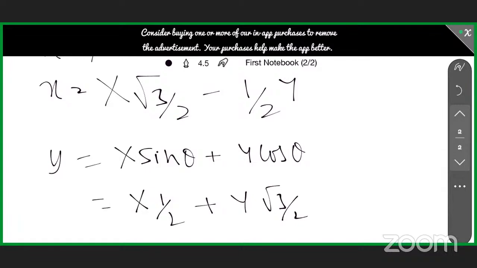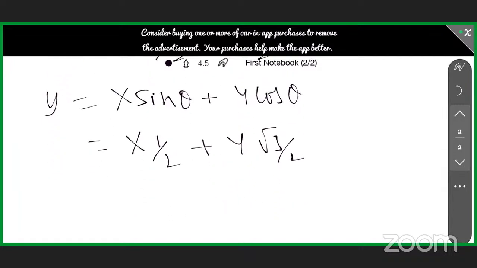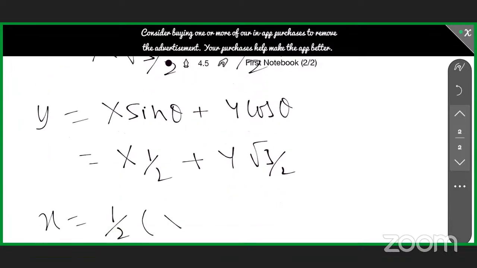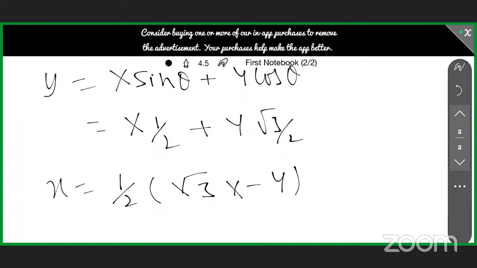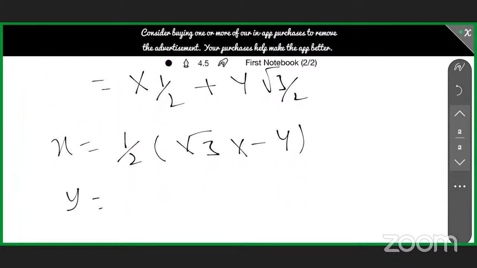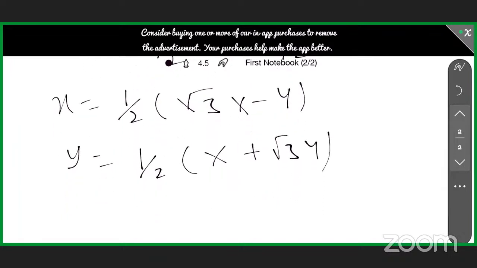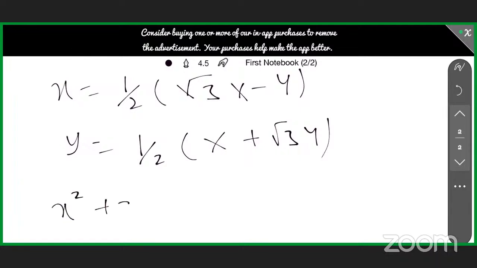So if you take both common, your small x will become 1 by 2 into (root 3 X minus Y), and small y will be 1 by 2 into (X plus root 3 Y). Now you have to put the entire thing in the equation: x square plus 2 root 3 xy minus y square minus 8 is equal to 0.